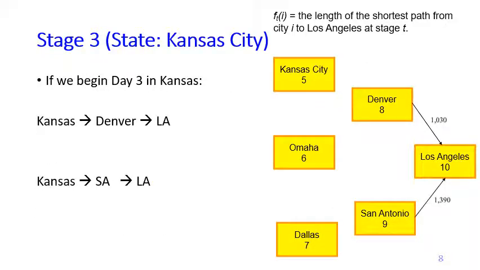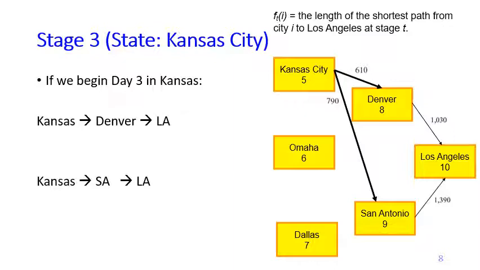Let's look at the state of Kansas City, which means we imagine that we start day 3 in Kansas City. We have two options. We go from Kansas City to Denver and then to LA, or we go from Kansas City to San Antonio and then to LA.